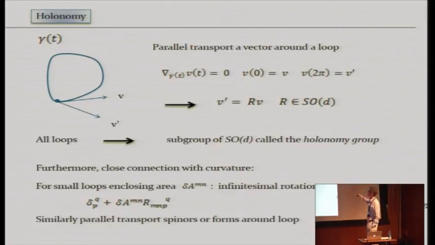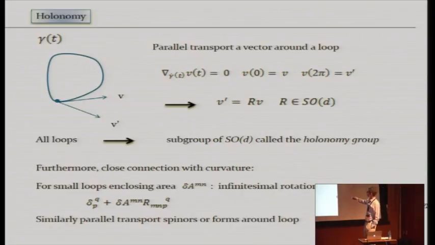And then you get a group structure on these matrices R. And if I consider all possible loops, this will generate a subgroup of SO(d), which is called the holonomy group of my manifold. Well, my manifold plus the metric, really. Plus the Riemannian metric. And in general, if you have no extra structure, if you just have a Riemannian manifold, then in general you will generate all of SO(d) in this way. So the holonomy group would be all of SO(d).